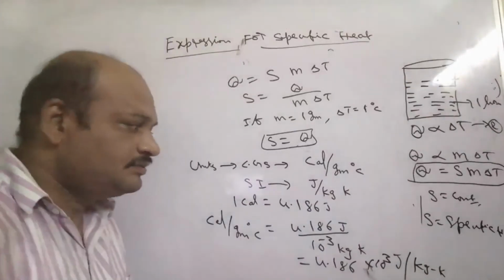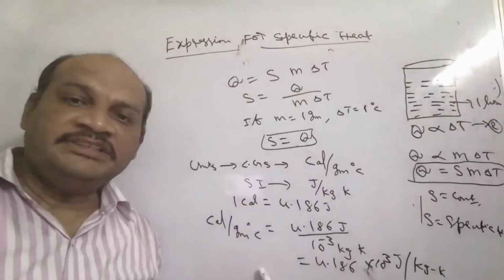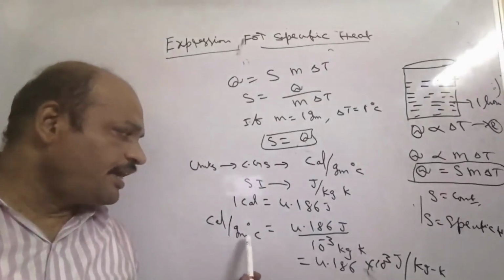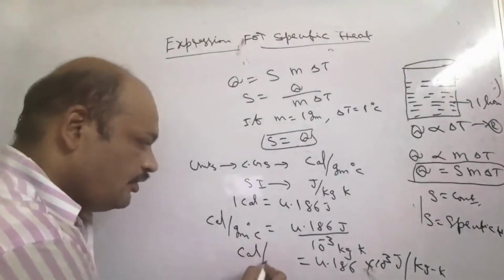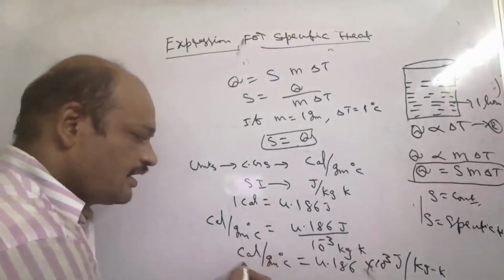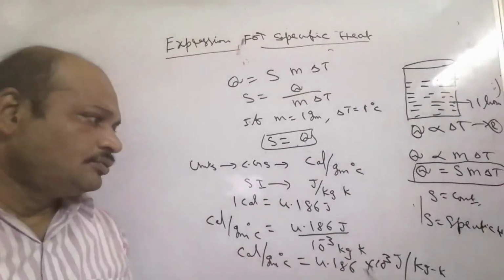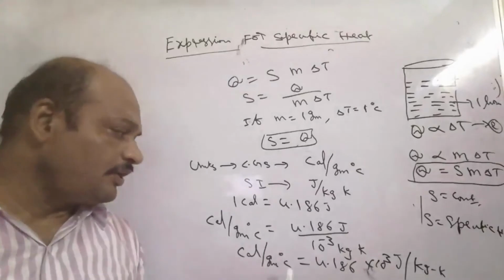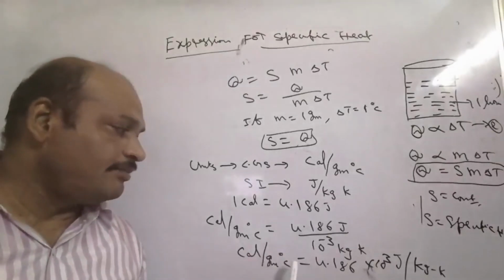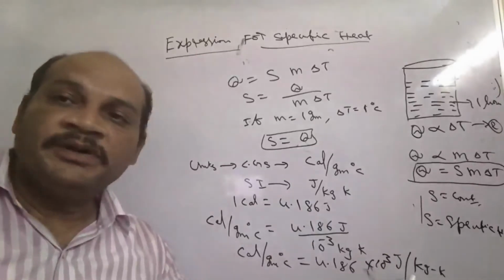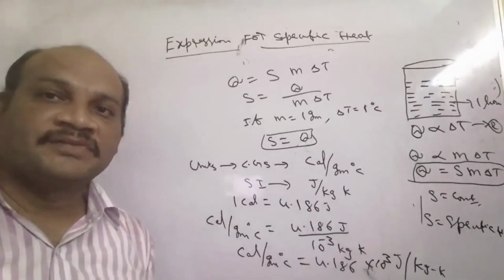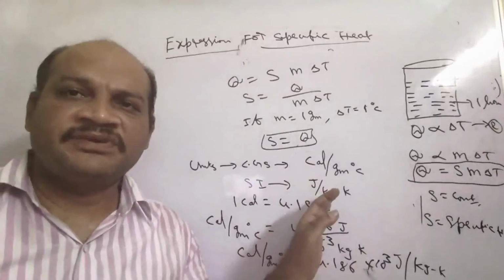This is the relation between calorie per gram degree centigrade and joule per kg Kelvin. So 1 calorie per gram degree centigrade is equal to 4.186 into 10 cube joule per kg Kelvin.